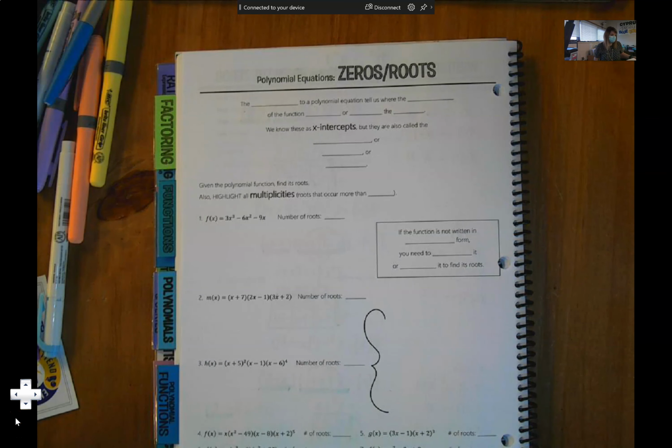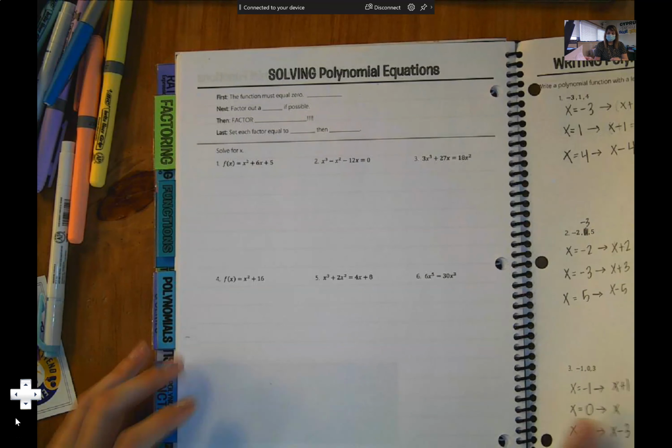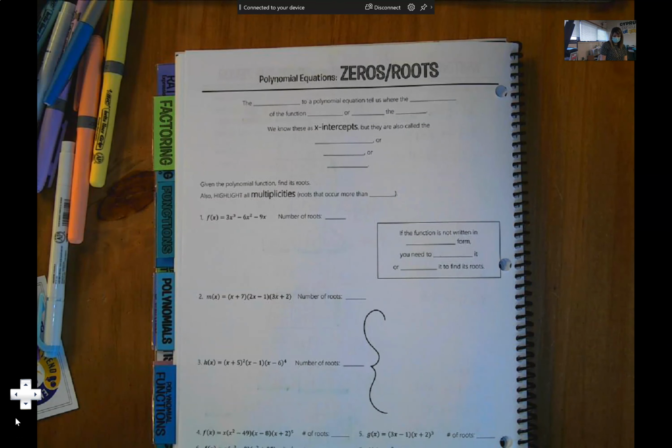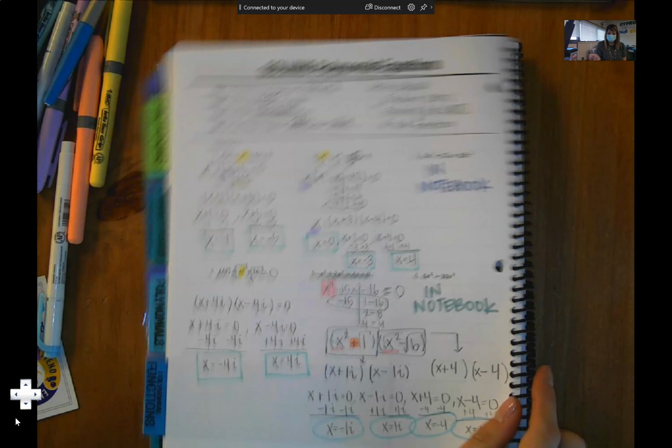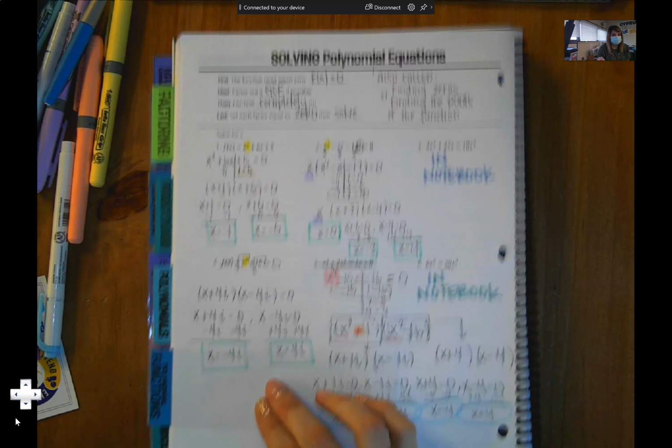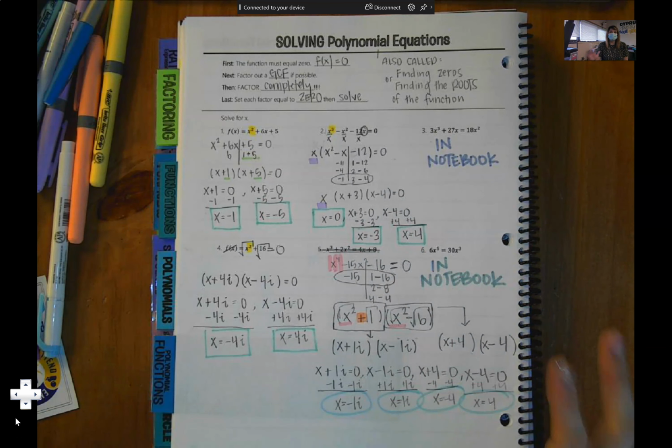Okay, in our notebooks, we are starting today on page 48. We are talking about finding and classifying roots. So in some ways, it's going to be similar to what we did in solving polynomial equations, but easier.